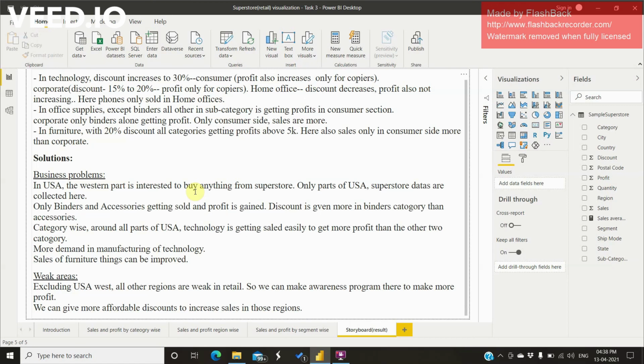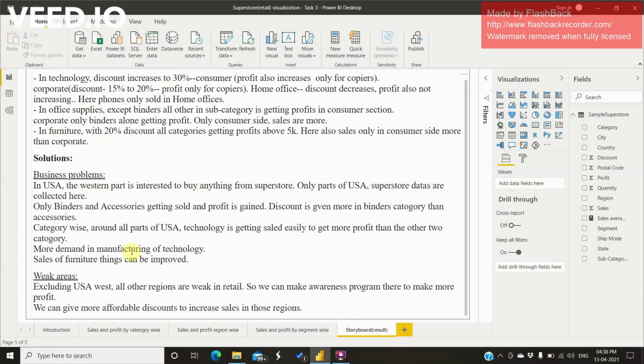The second thing, we can get the business problem that only binders and accessories are getting sold and profit is gained. Discount is given more in the binder category than accessories.